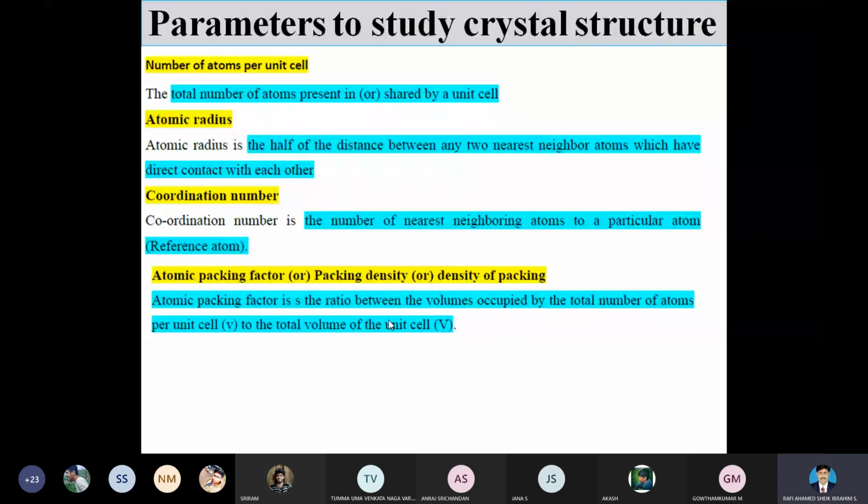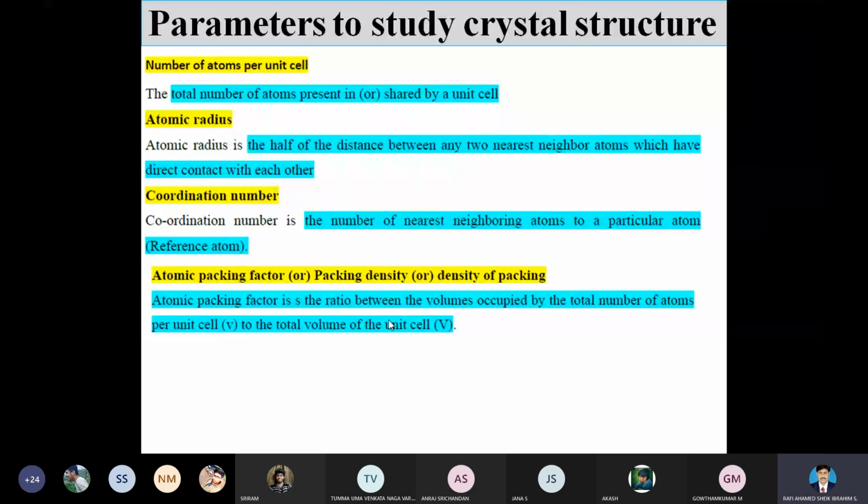The third parameter is the coordination number. It is defined as the number of nearest neighboring atoms to a particular atom. The coordination number is also a very simple parameter. How are we going to measure it? We have to consider any one atom as our reference.